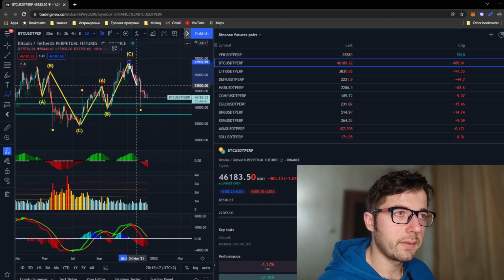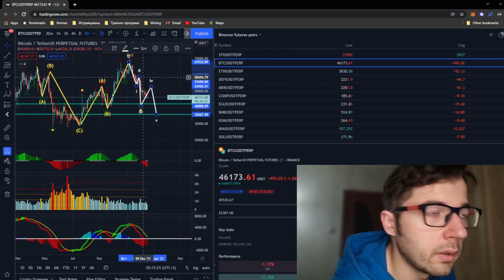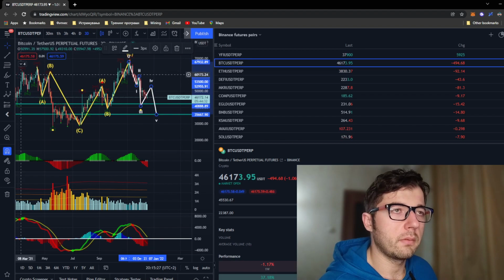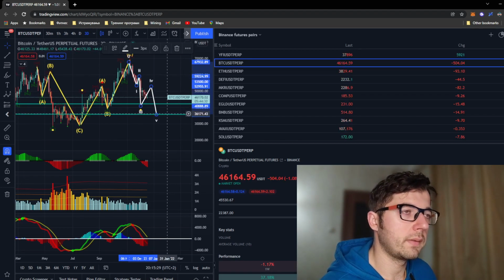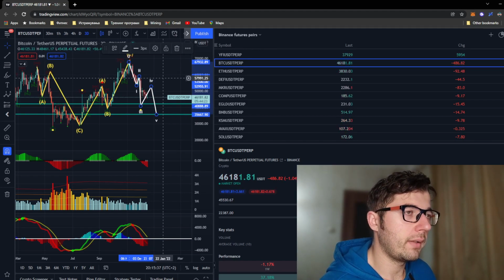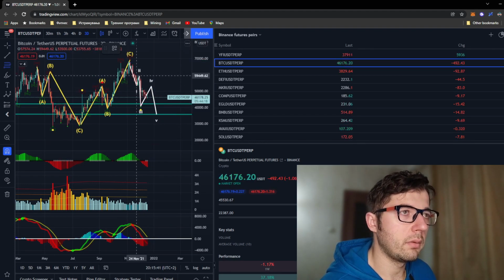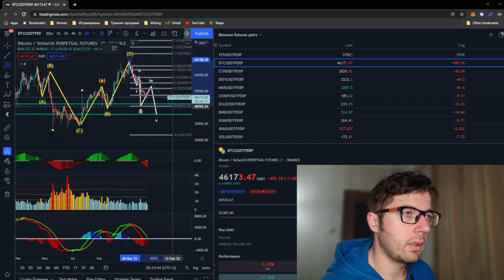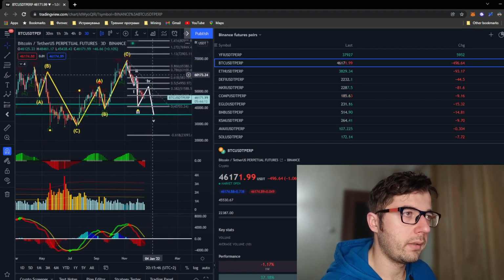As you can see, this is probably 1, 2, 3, some 4, then probably 5, and the maximum pain of this is 36k, but we will see next week. That's how I think Bitcoin will continue, probably making a lower high from here. And if we take 58,000, then the probability that this scenario will happen will be lower.